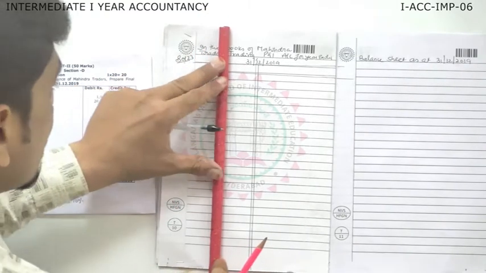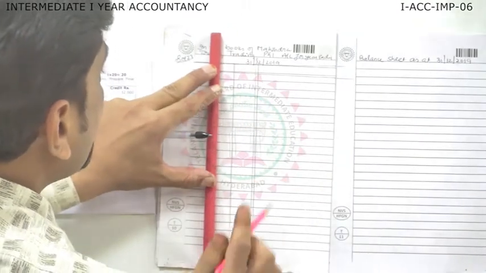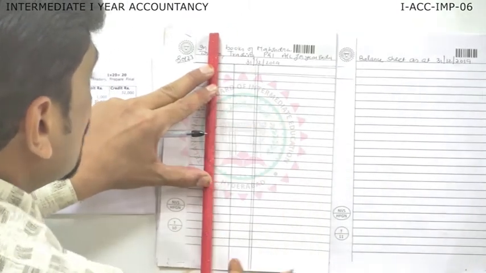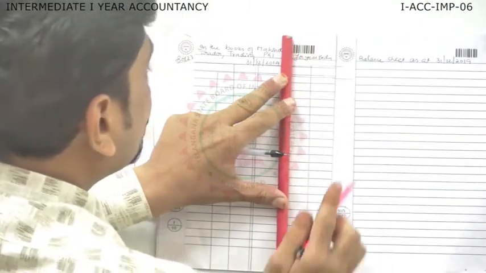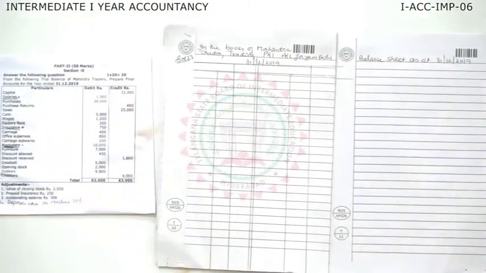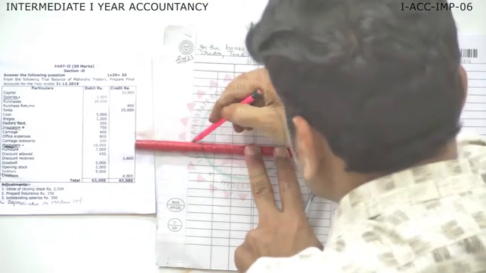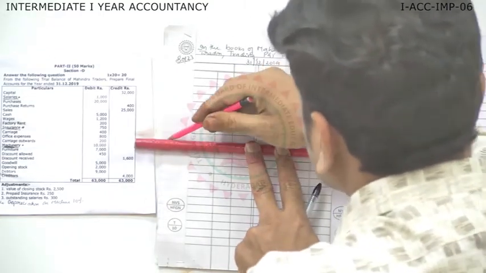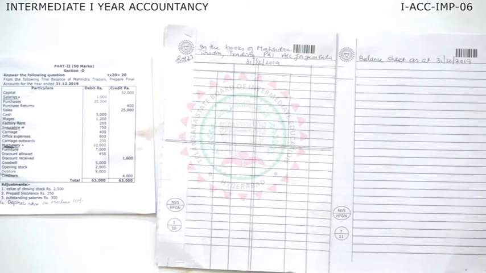Then again keep the scale, draw the amount column and give one inner column. Similarly on the credit side. Now just divide the page, and keep about 10 lines for your trading account and profit and loss account.